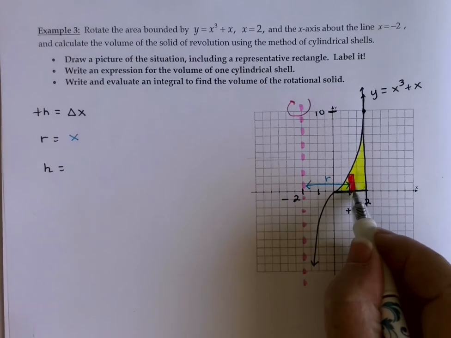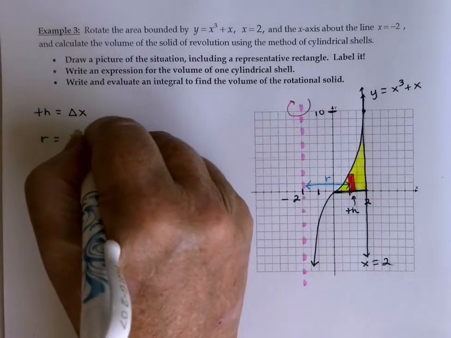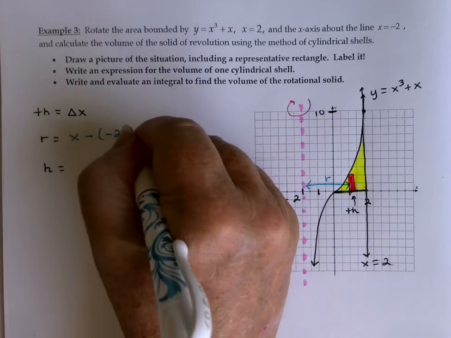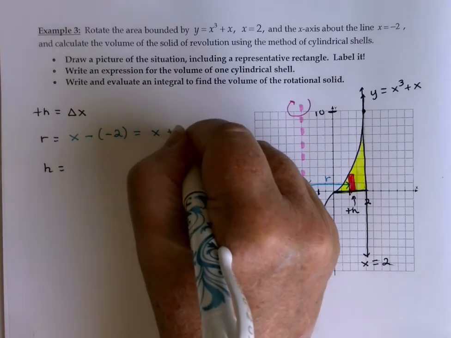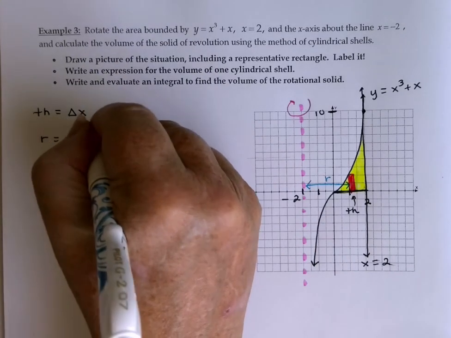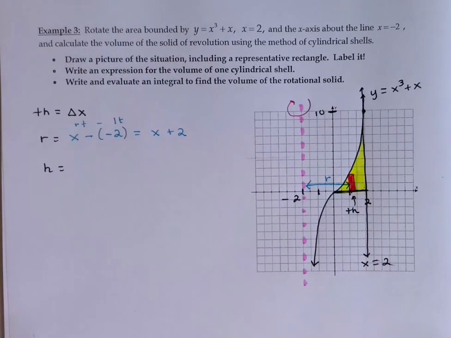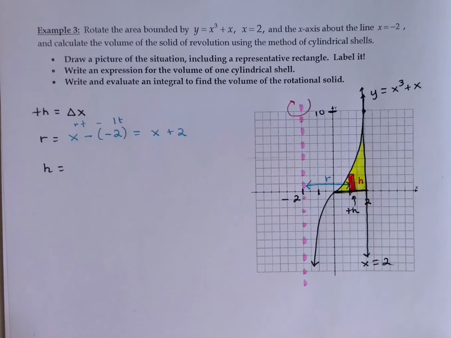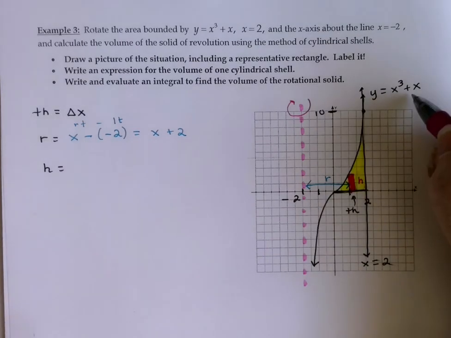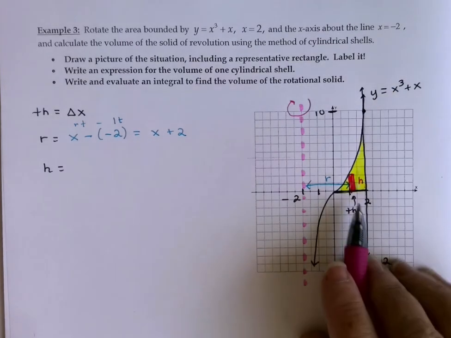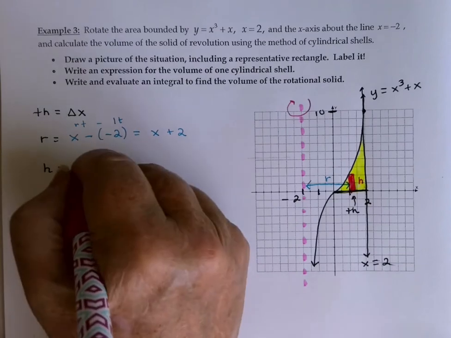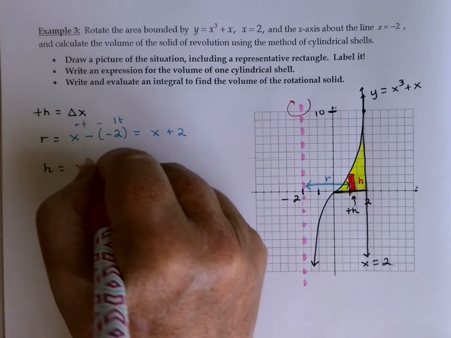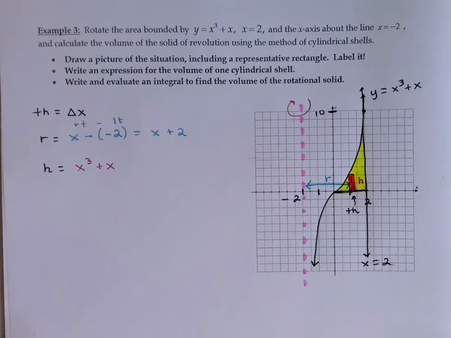The x value where the rectangle is located minus negative 2, or x plus 2. And that's that right minus left again. What about the height? The height would be the height of the rectangle. That's going to be that x cubed plus x on top, and it's just 0 on the bottom. So just x cubed plus x, technically minus 0, but we don't have to bother writing that.